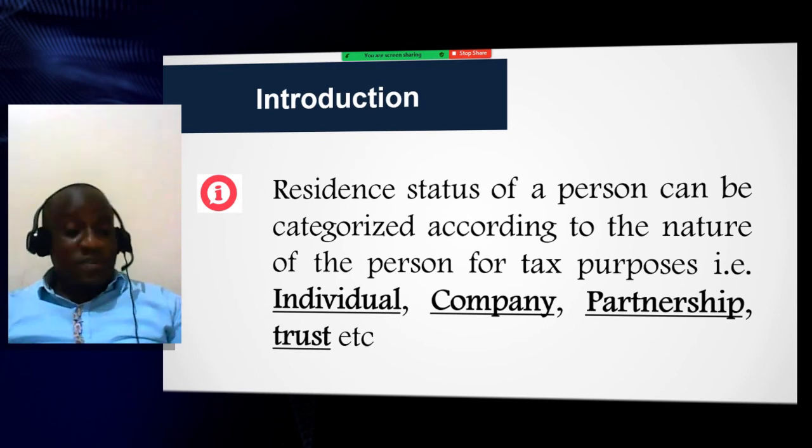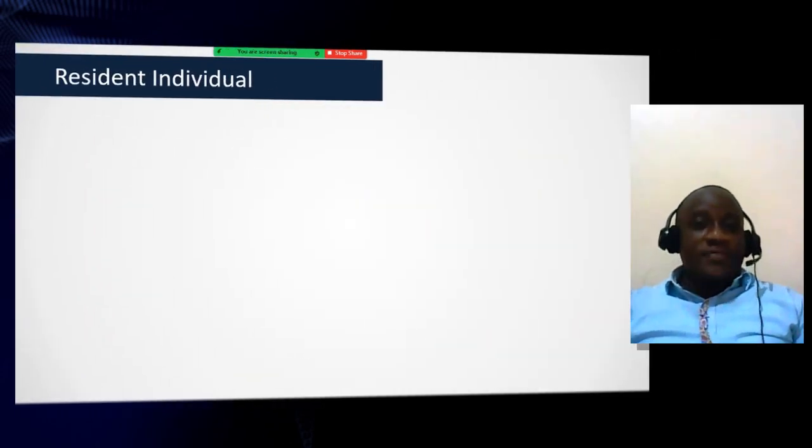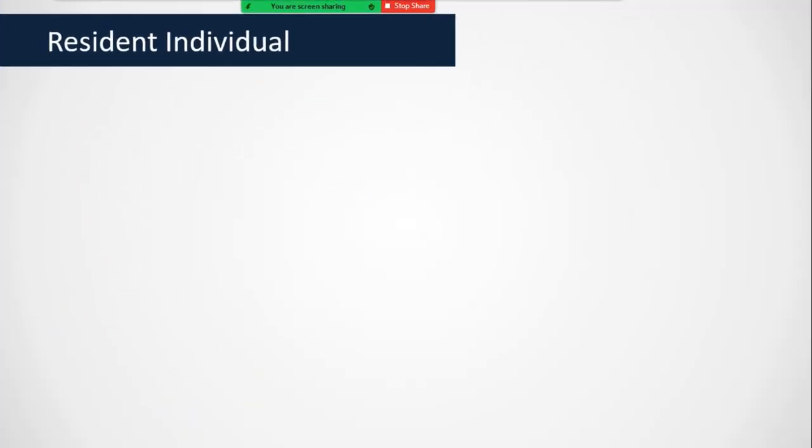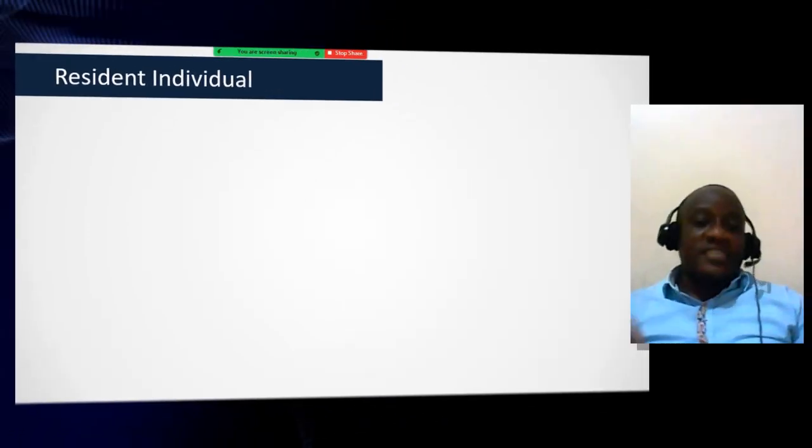Now I'm going to begin with the individuals. We would say that an individual is resident if the individual passes three major tests. And as you're designing your working papers, as you're onboarding a client, these are some of the tests you are going to apply.